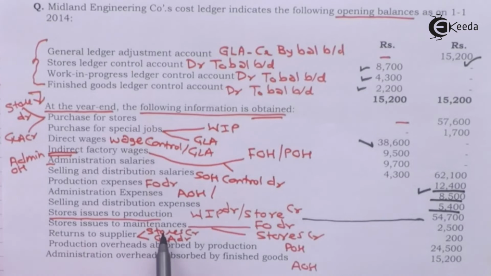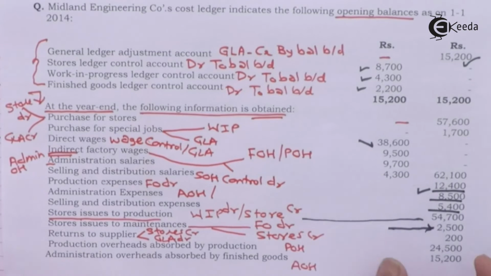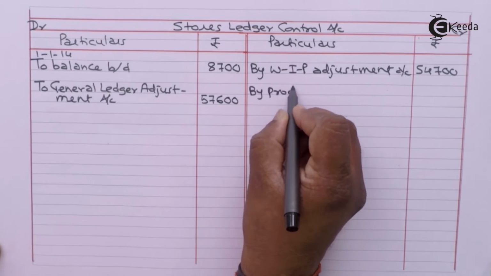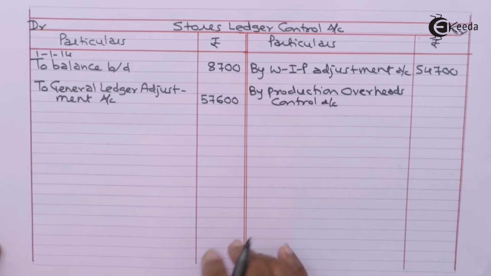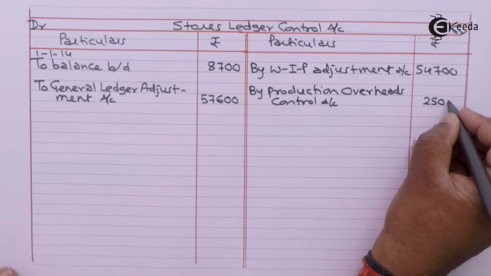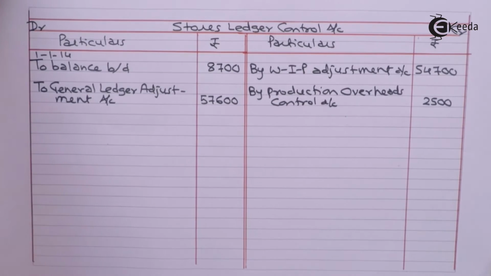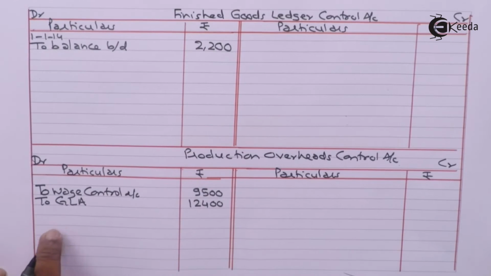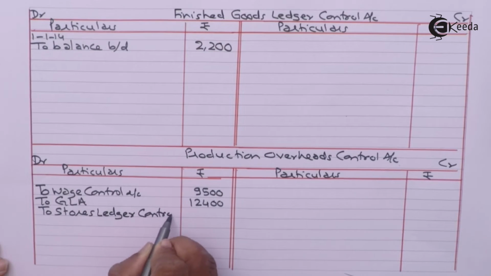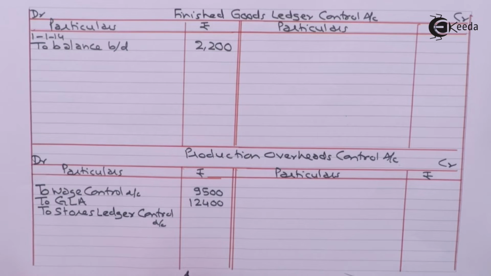Okay, stores issued to maintenance 2,500. Here in store ledger, it will be recorded here on credit side by production overheads control account, 2,500. In production overheads control account to the debit side, to stores ledger control account, 2,500.